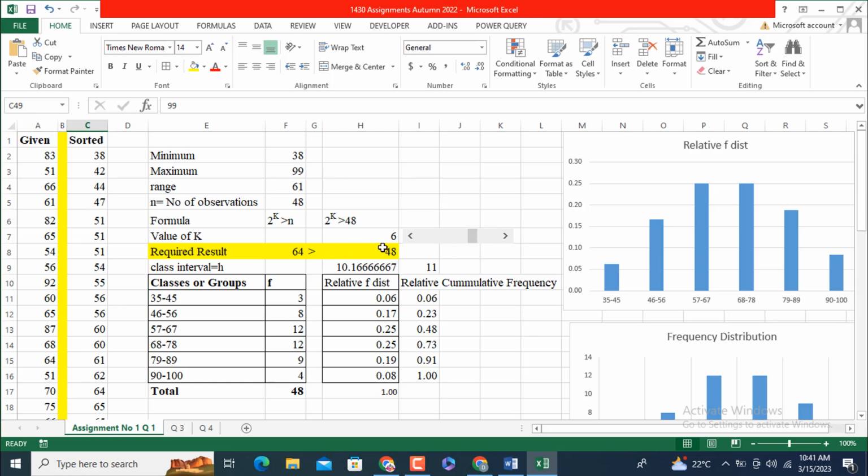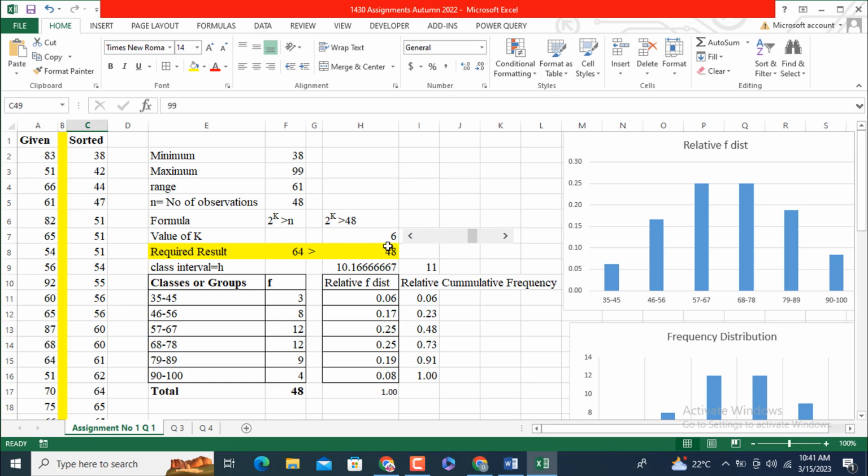When 2 raised to the power k gives the result 64, which is greater than 48, we will stop here. The number of groups or classes that we get by this formula is equal to 6.